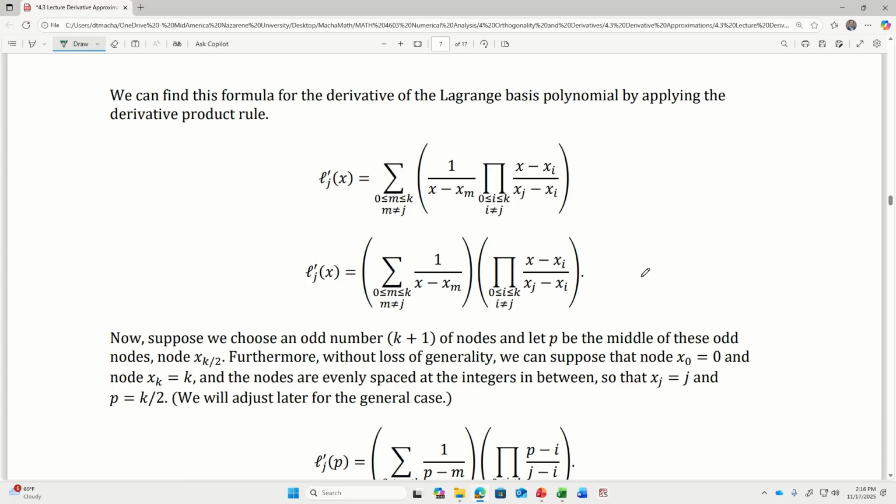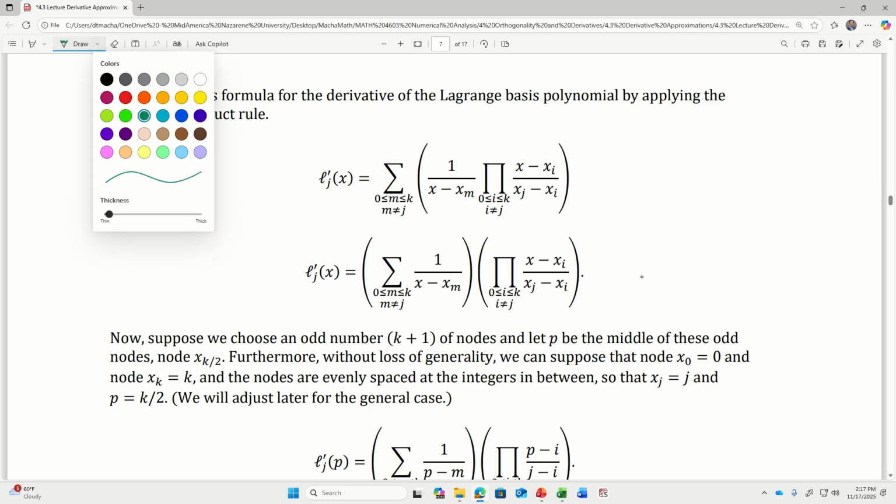And when I take the derivative of the Lagrange basis polynomial, you're going to use the derivative product rule. So the derivative product rule says you take the derivative of each factor, right? And then you end up adding up, like, let me give you a smaller example.